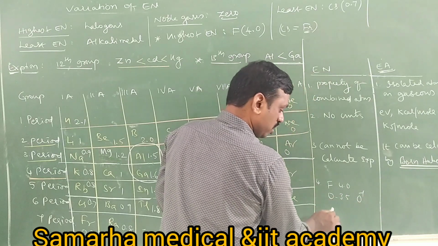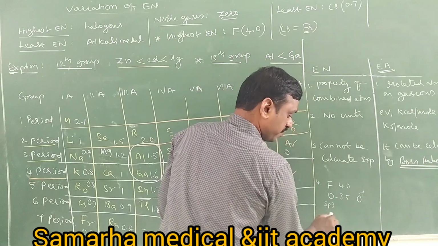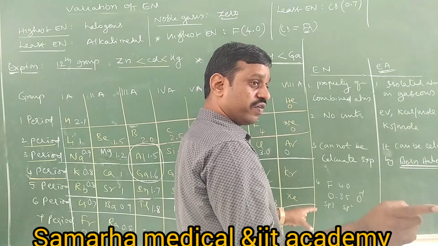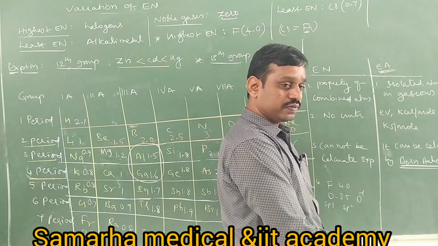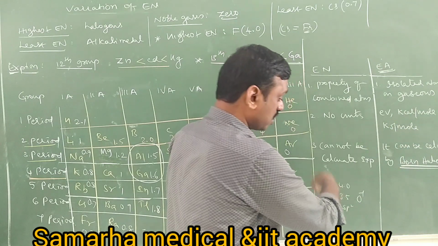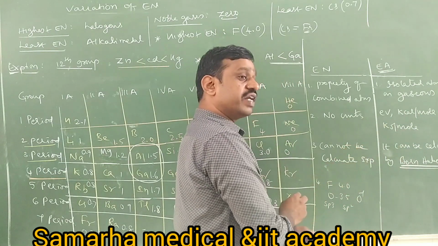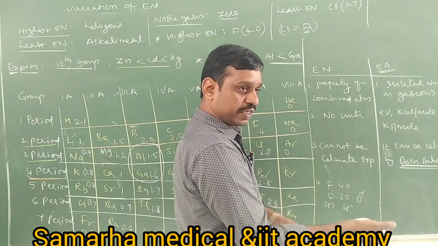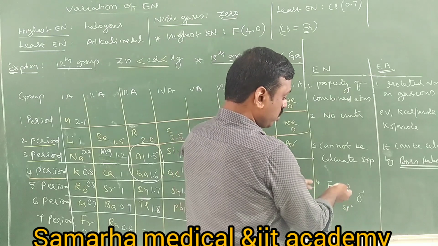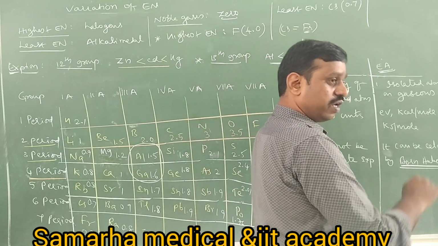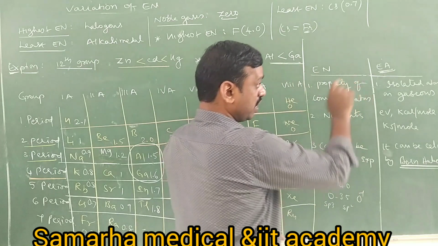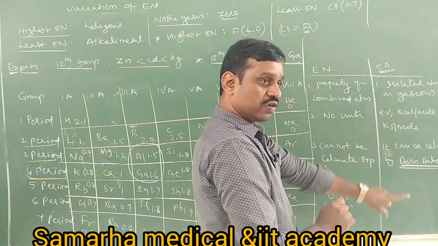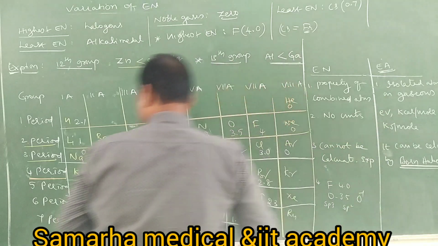Even for oxygen, if oxygen is sp3 it is something different, and sp2 is different. It means the electronegativity of an element is not a constant value. It depends on other factors, particularly hybridization, the number of bonds, and multiplicity. Whereas electron affinity is a constant value, it does not depend on any other factor, right? So that is also one difference.